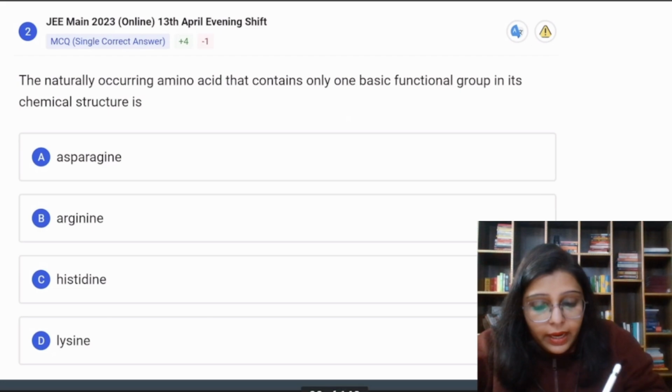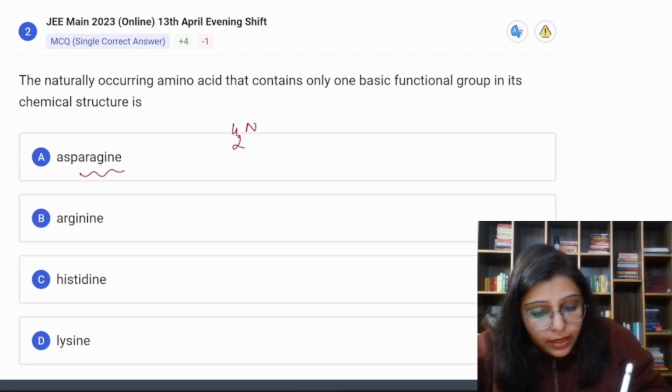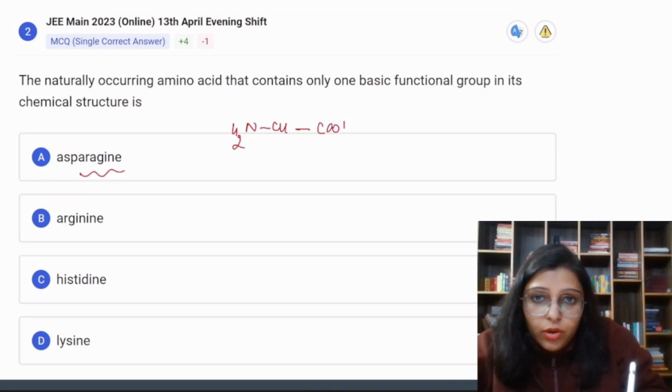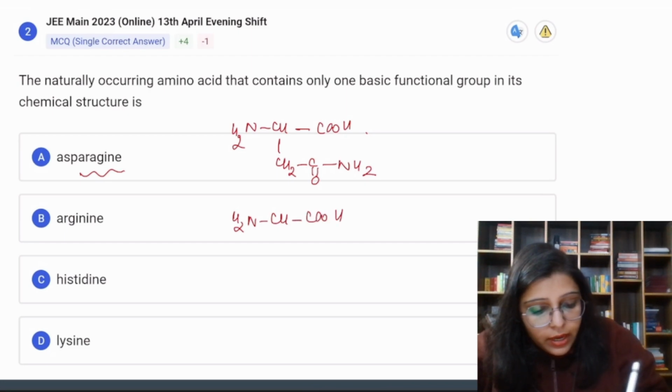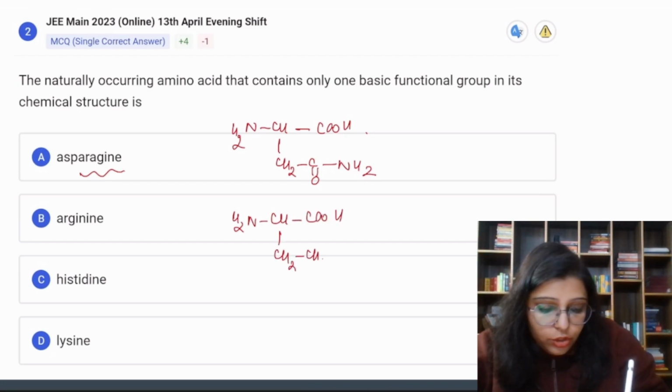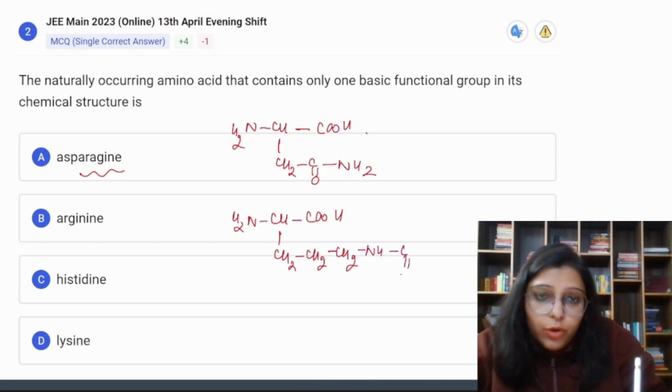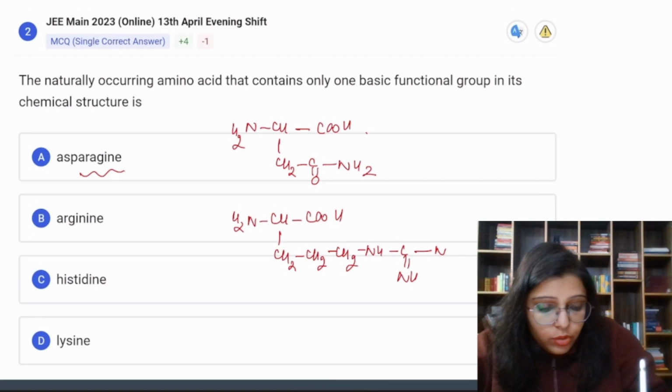Now let's write down the structure of all. In asparagine we have, see, this is common, NH2, CH and COOH. This is common. So in asparagine we have CH2, C double bond O, NH2. Arginine we have already discussed: H2N, CH, COOH, and then CH2, CH2, CH2, then NH, then C double bond NH, and NH2.